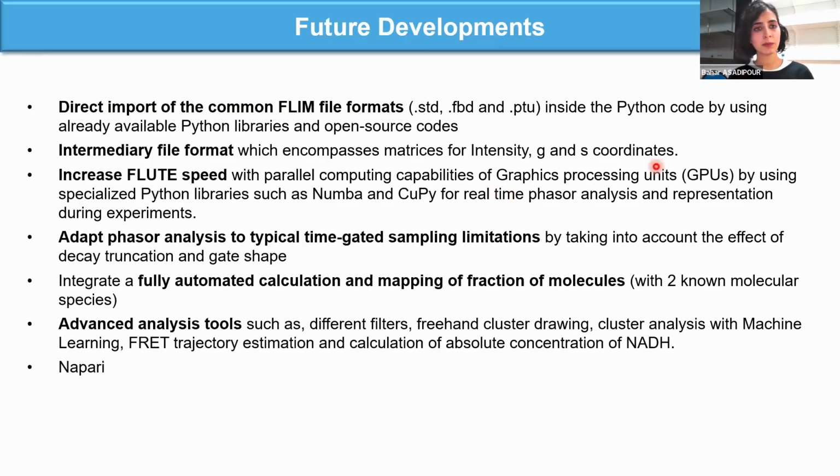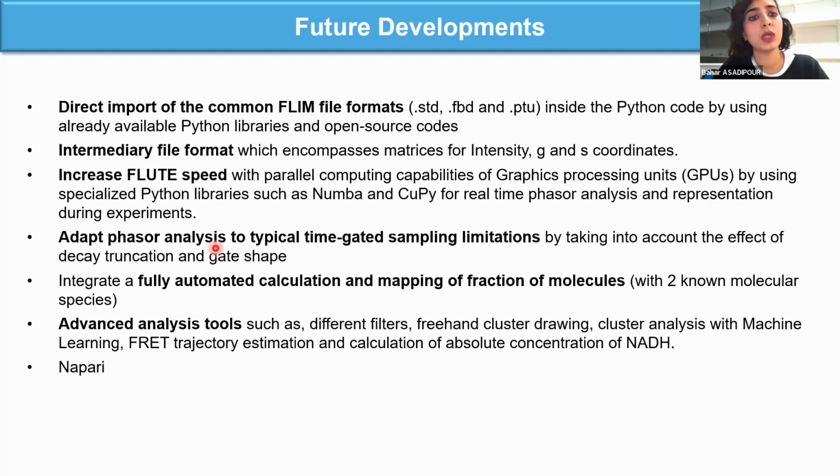So for the future developments of FLUTE, we are interested in direct import of the common FLIM file formats, for example, STD, FBD, and PTU. We are interested in having G, S and intensity coordinates as intermediary file formats. It's always interesting to increase the speed using GPU.